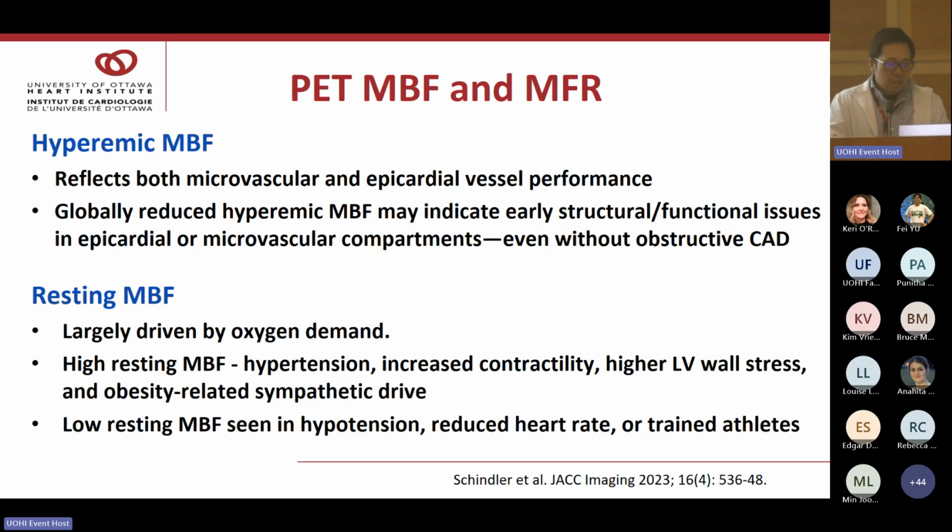In terms of resting MBF, it is determined largely by oxygen demand. Conditions that increase heart rate, blood pressure, wall stress, or sympathetic tone increase resting flow, whereas hypotension, lower heart rate, or athletic training decreases the resting flow.